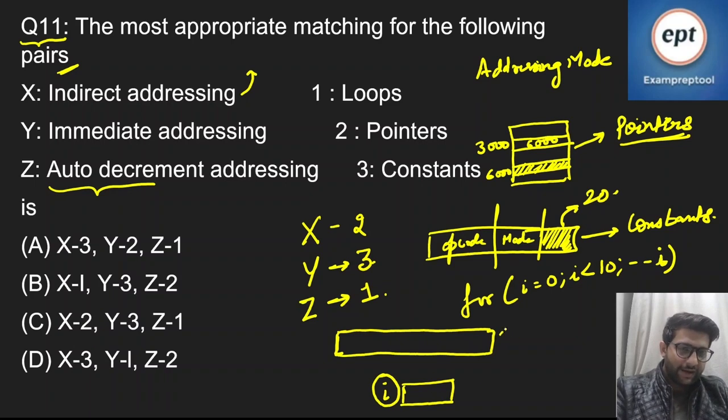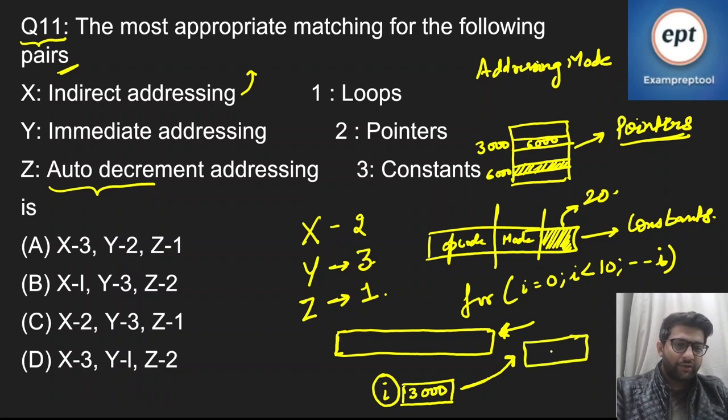And whenever we access this instruction, the index value or the memory location will be accessed from this particular register, and this will be auto decremented. So let's say the value was 3000, and we execute this instruction, then it will auto decrement the register value to, let's say, 2999.